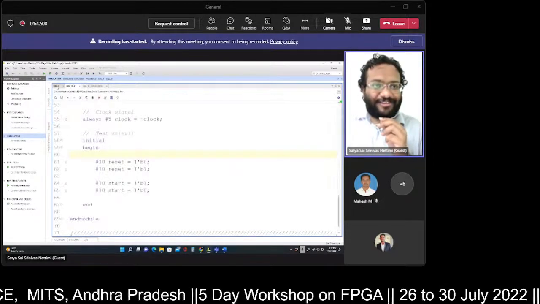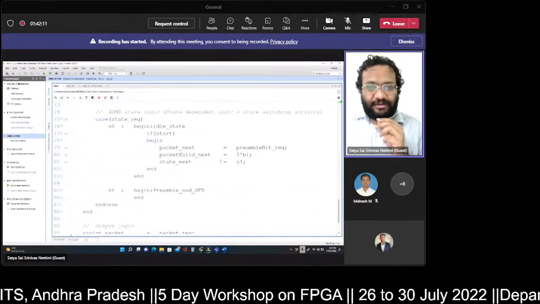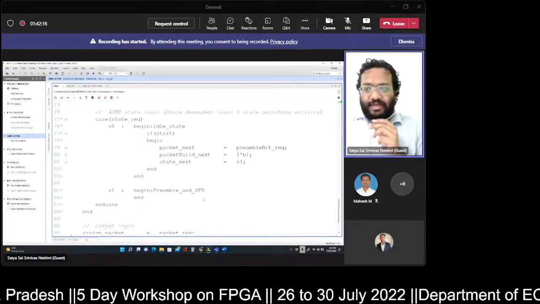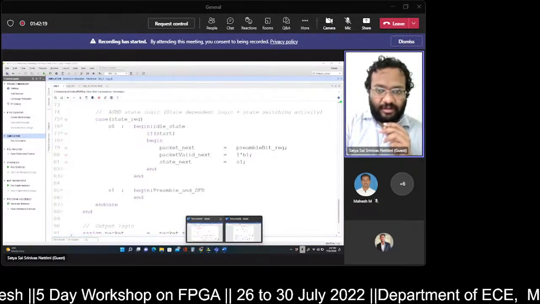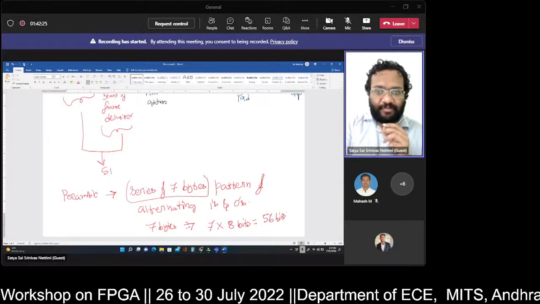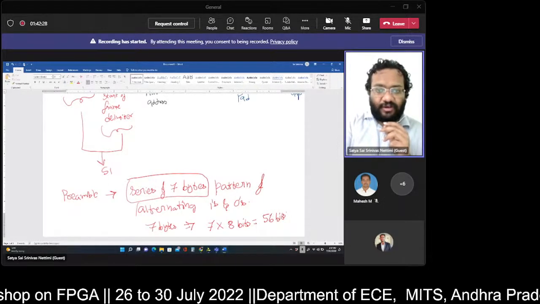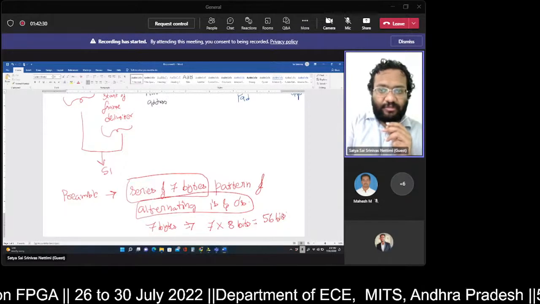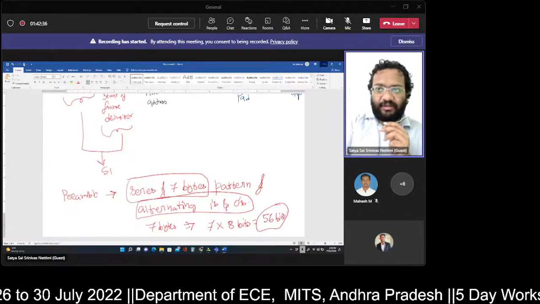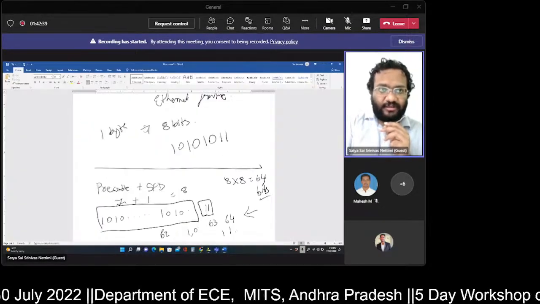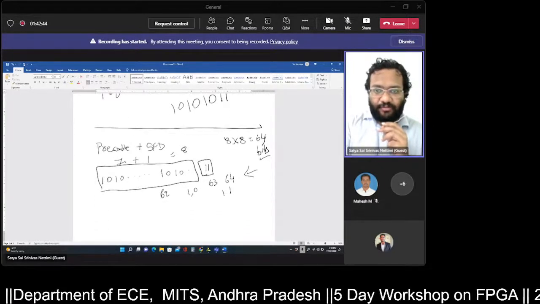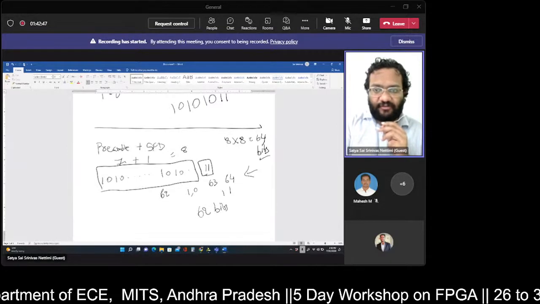Now we will proceed to generate the subsequent bits. As we know, the preamble is a series of 7 bytes of alternating ones and zeros. How many alternating ones and zeros do we have to make? We have to make 56. But if we take the SFD into consideration, we have to make up to 62 bits of alternating ones and zeros.